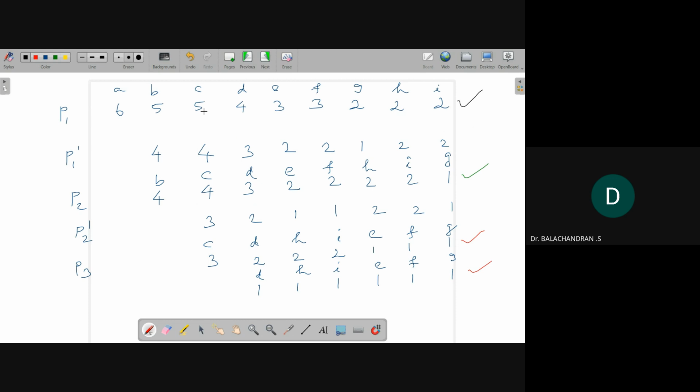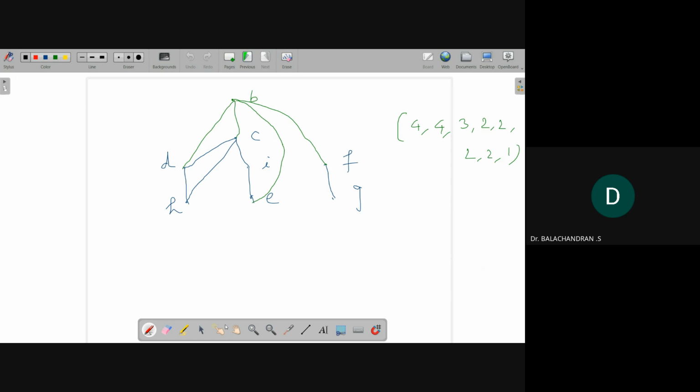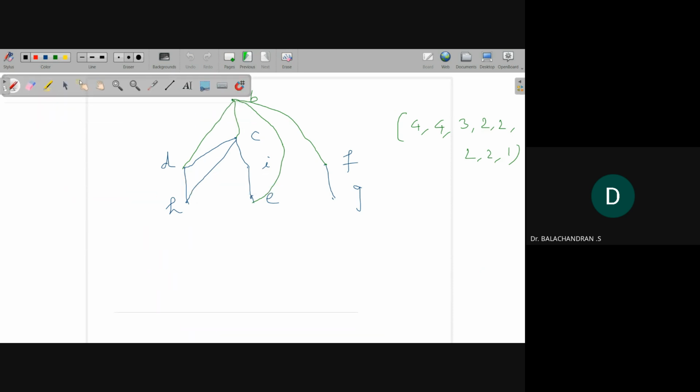Now I'm going to add one more vertex A. So A is degree 6. Okay, I'll put it here, maybe.